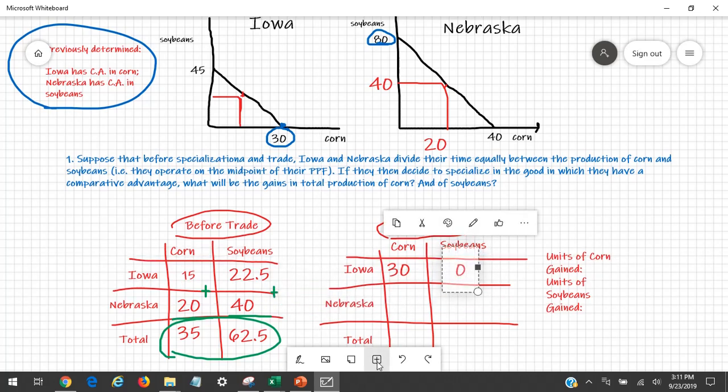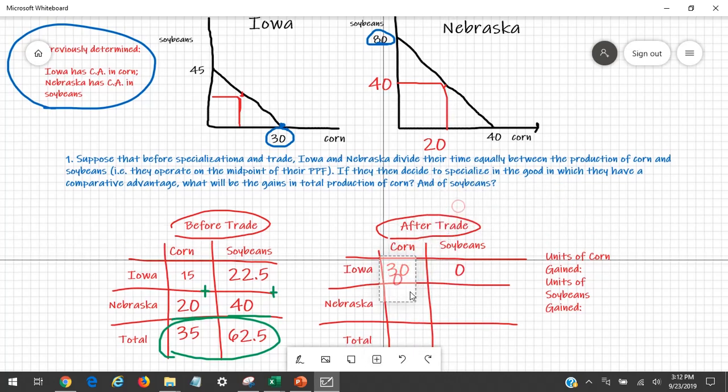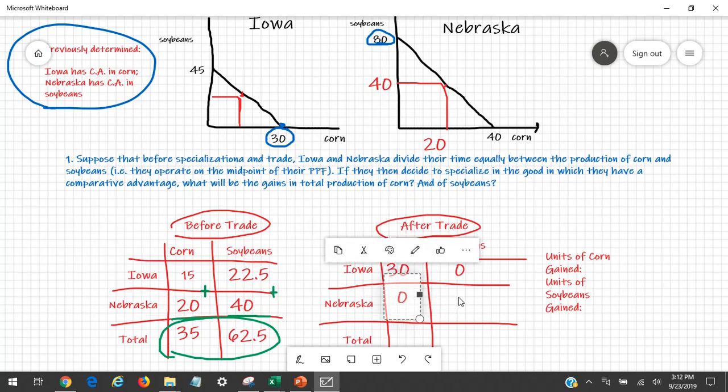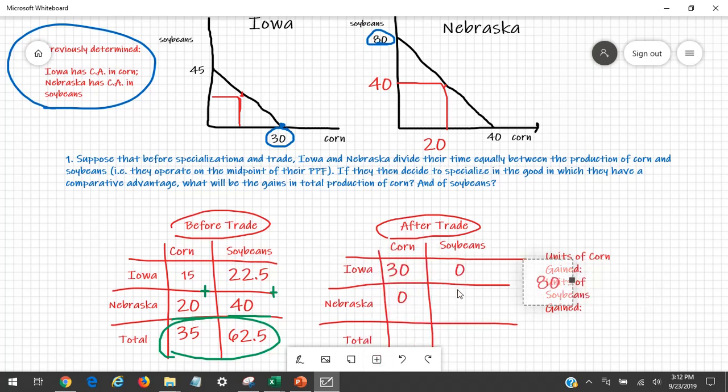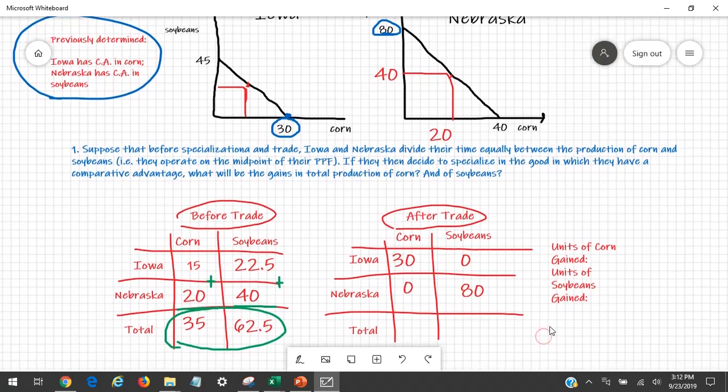And then Nebraska is not going to be making any corn, so they'll make 0 bushels of corn. And they're going to be making 80 bushels of soybeans. So you would need to create these 2 tables on your own in order to answer this kind of question on the exam.